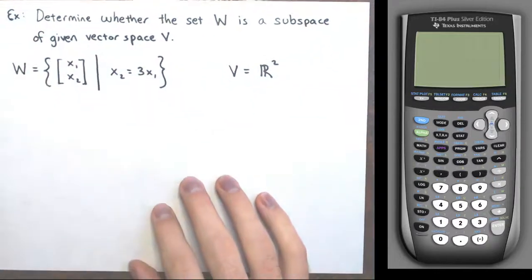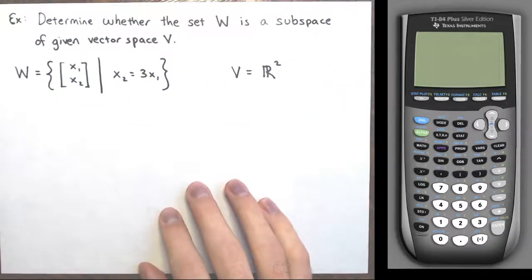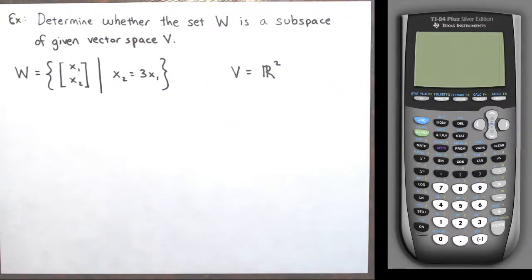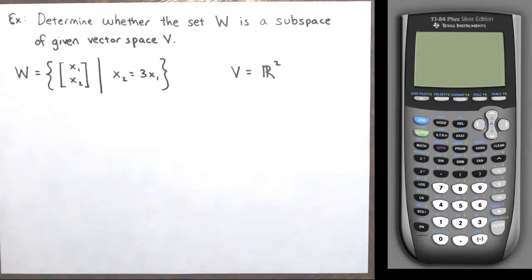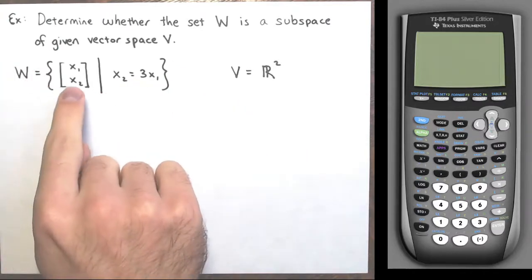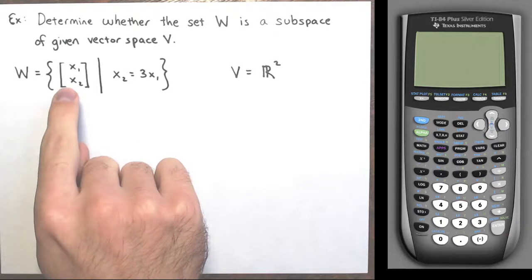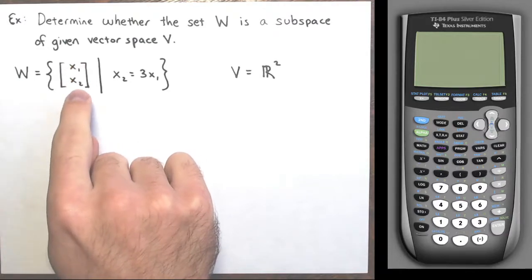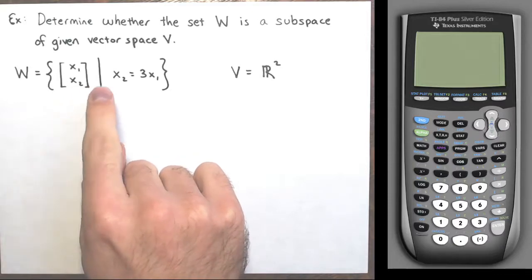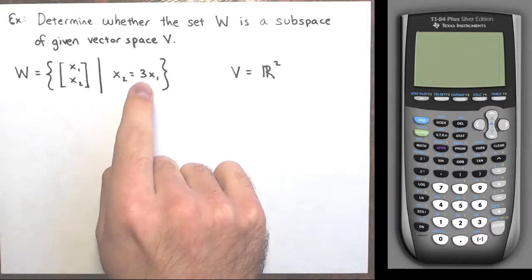Now let's actually go into a bunch of examples where I'm trying to determine whether or not the set W is a subspace of the given vector space V. So my first example, and this is true of every example from here on out, is the set of all vectors (x1, x2) in R2, two components, such that x2 equals 3x1.